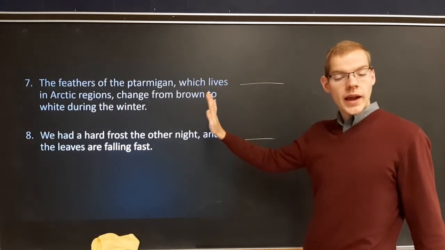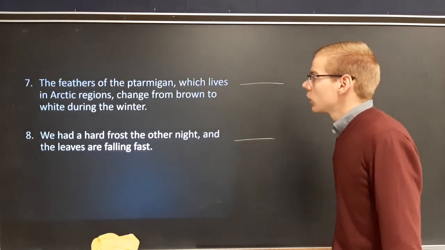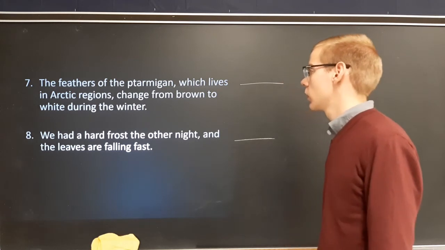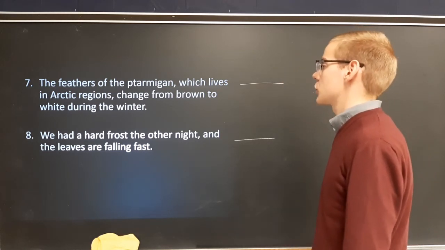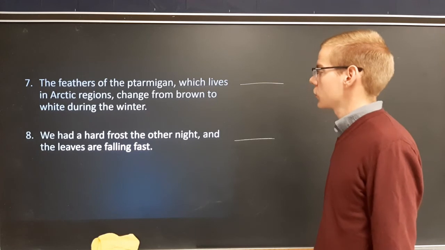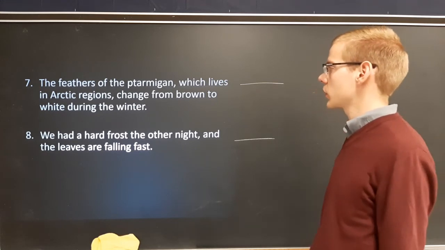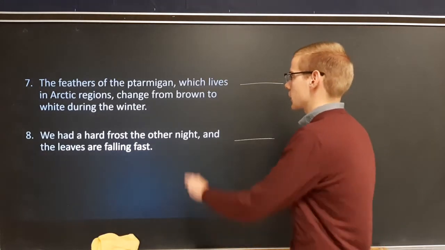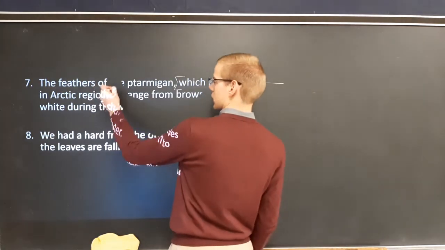So first, bracket the dependent clauses. The feathers of the ptarmigan, which lives in Arctic regions, change from brown to white during the winter. Our dependent clause is right here, "which lives in Arctic regions."